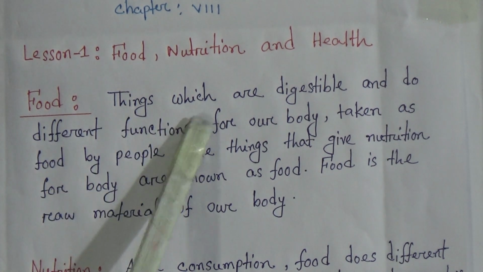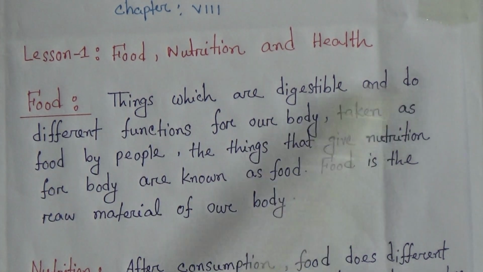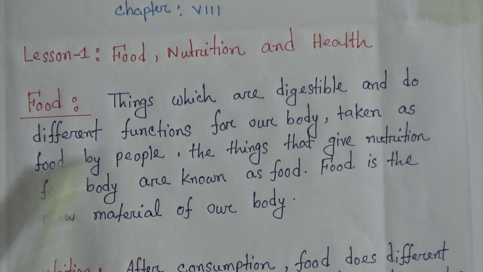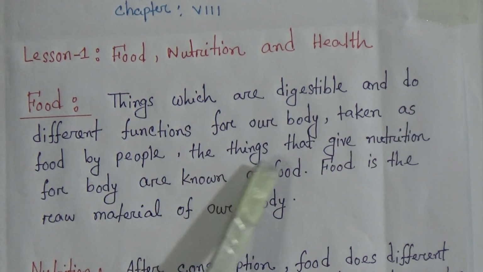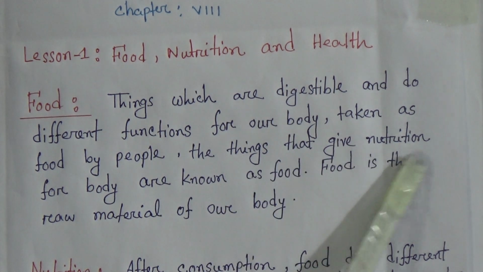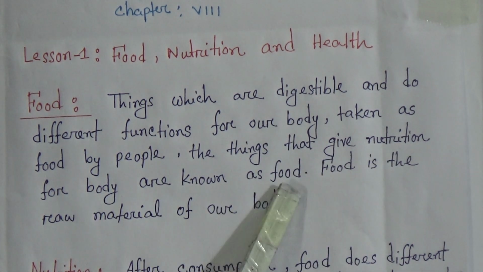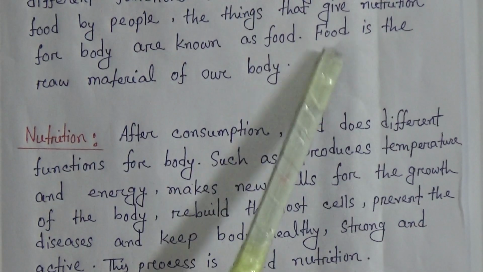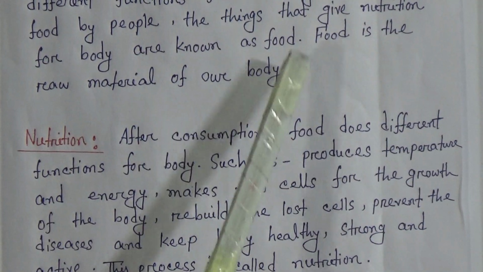Things which are digestible and do different functions for our body, taken as food by people, and the things that give nutrition for the body are known as food. Food is the raw material of our body.